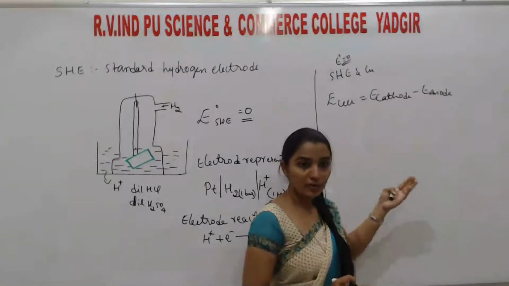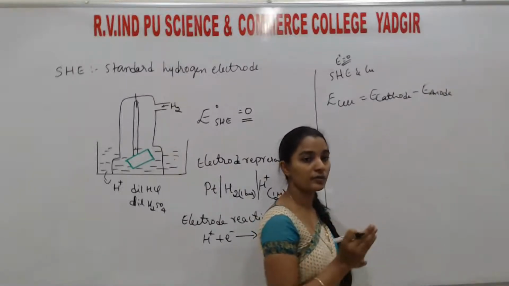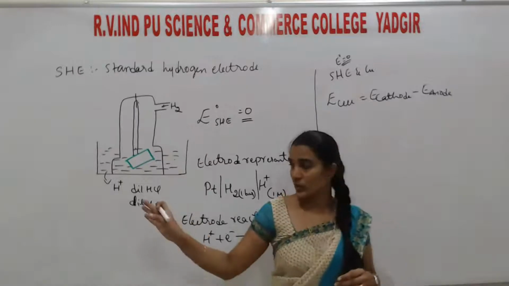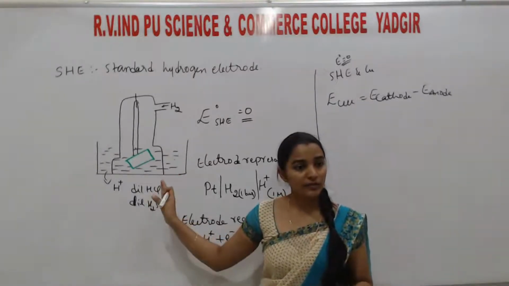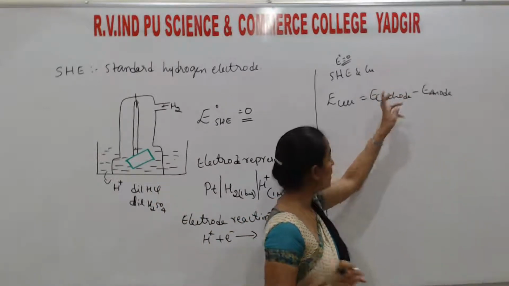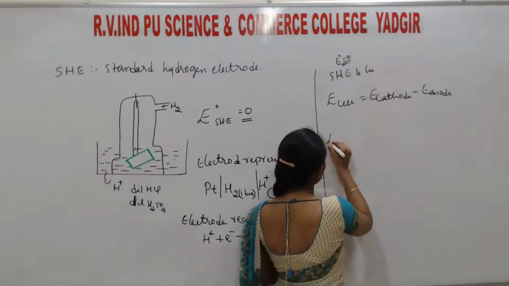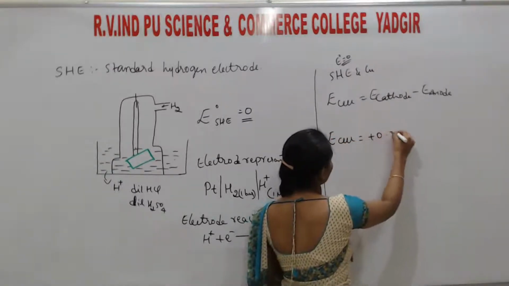After setting up the copper electrode, this one is taken as the reference electrode. This is also called the reference electrode. With this reference, we can calculate EMF of other elements. Okay, so listen, we can get the complete E cell value as plus 0.34.